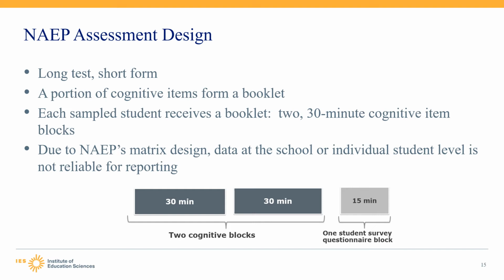We should note that only when the student scores are aggregated at levels such as the urban district, state or national, that the data are considered reliable and valid estimates of what students know and can do in the content area. This is why school or student level results are never reported.